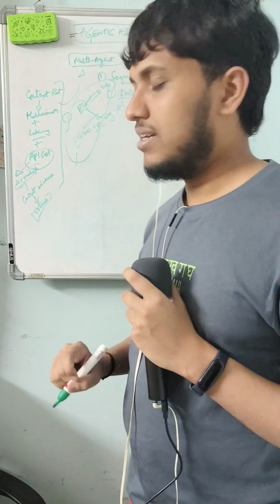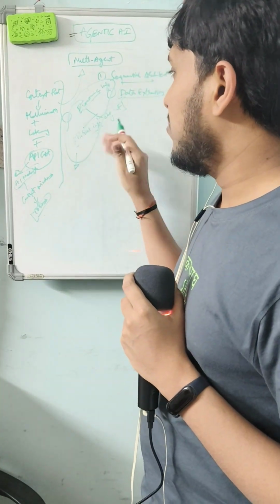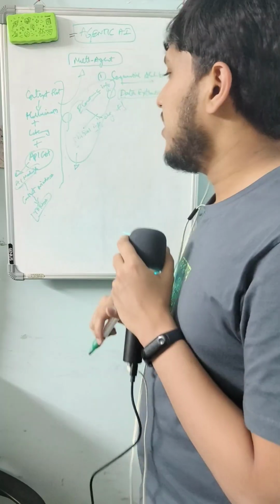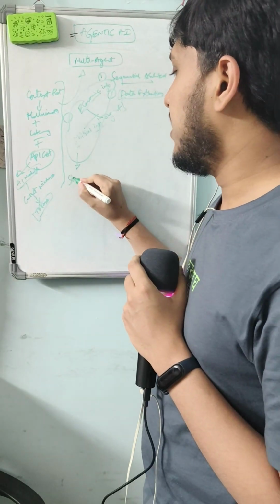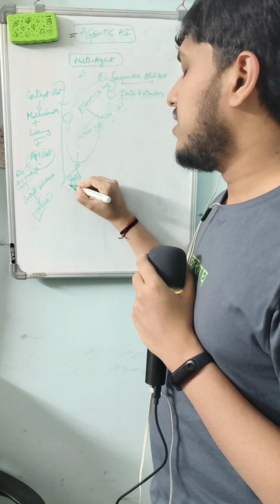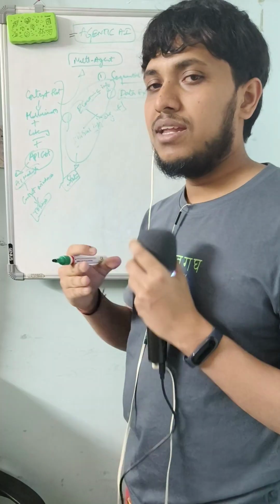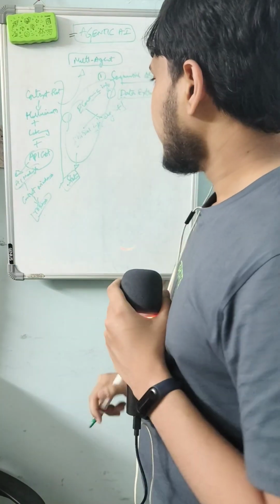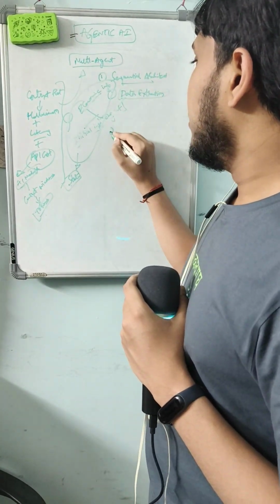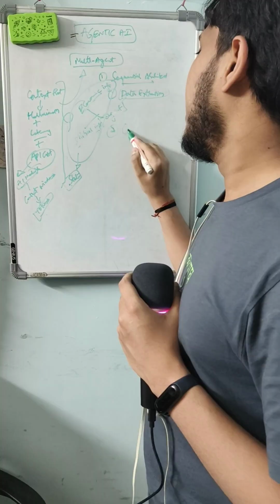Whatever result is produced by this first agent will be stored in the state. This state will be shared with the next agent. The next agent will be the critic agent.